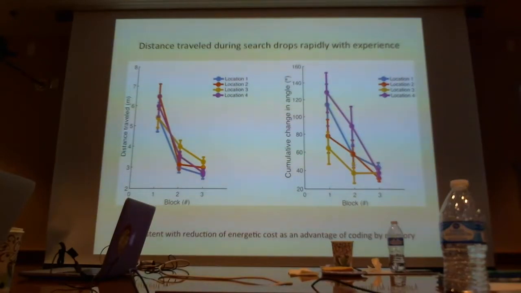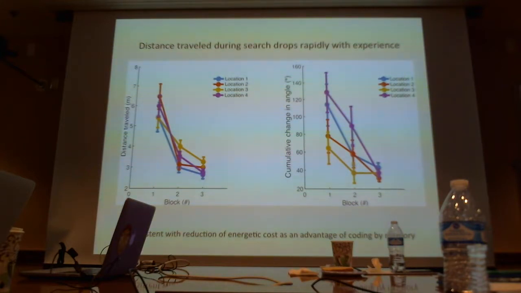And this is the integrated distance traveled as a function of the trial number or blocks of trials. This is the change in the head angle, and these are just different target locations.